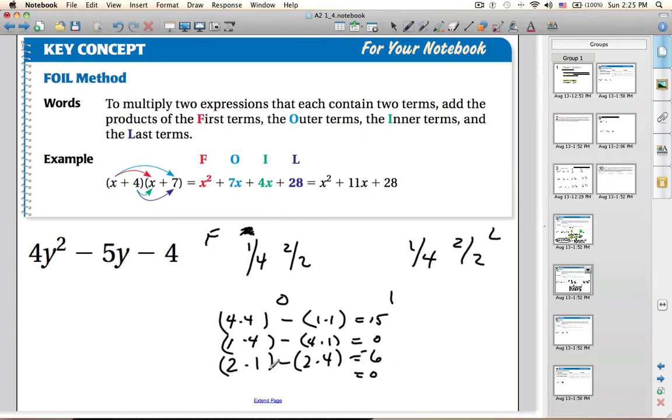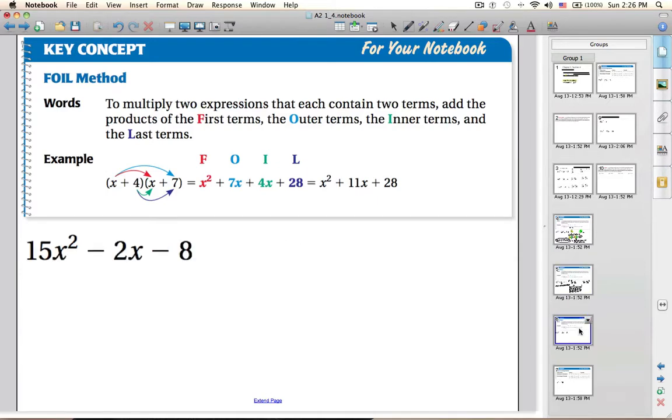So you notice that I've tried all the different possibilities, and none of these came out to be 5. So what that means is this is non-factorable. Okay, for now we're just going to say it's non-factorable. But as we move forward through this chapter, we're going to learn how to continue through and solve when we have non-factorable polynomials.